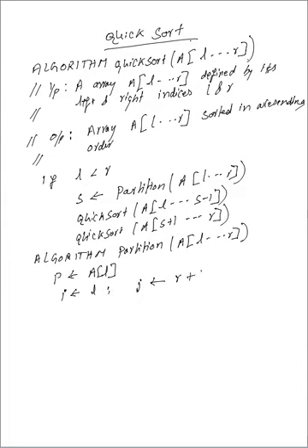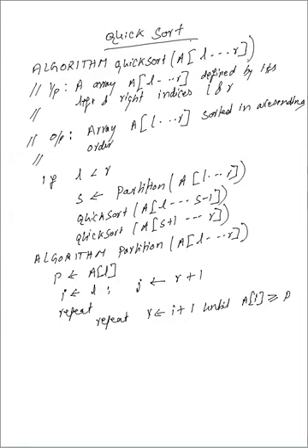Let it be. Then repeat: increment I until A of I is greater than or equal to P. Observe carefully. So when should we increment I?